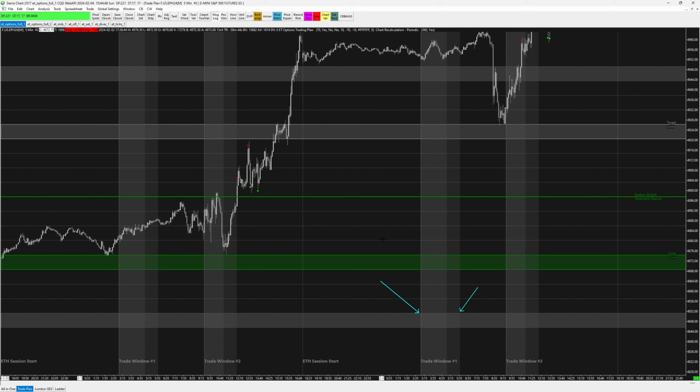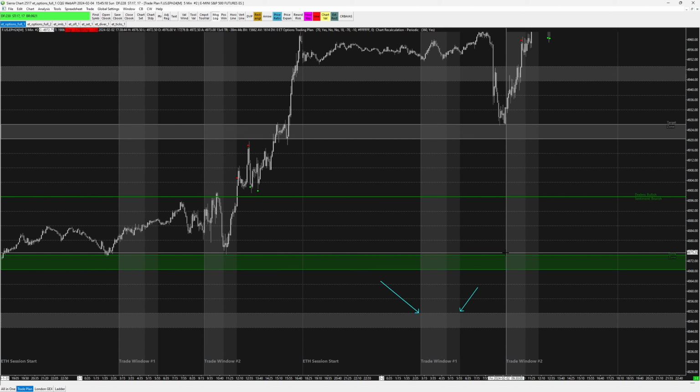It will always start from 3 a.m. Eastern time, so the beginning of the European session, and it ends at about 6 a.m. And you can also see that there are two colors within here. It will be a bit more important, and I'll talk about it in the strategy video. But for now, I'm just explaining the times of these windows.